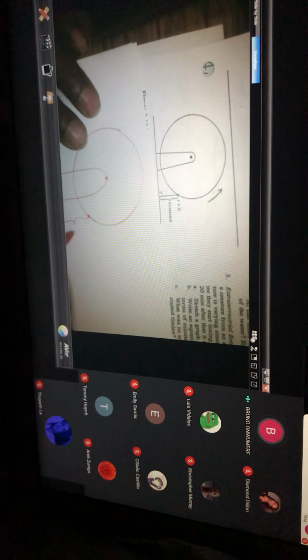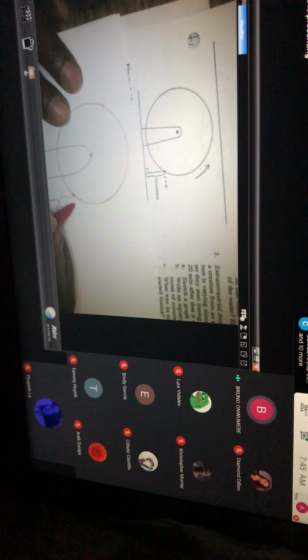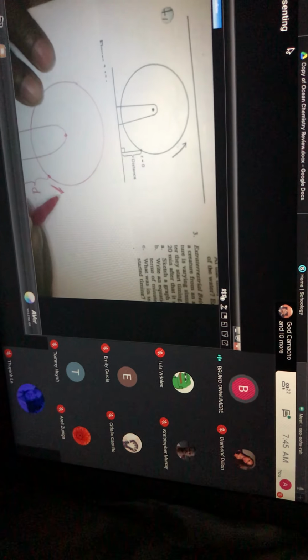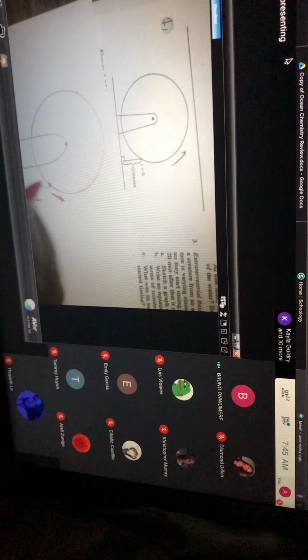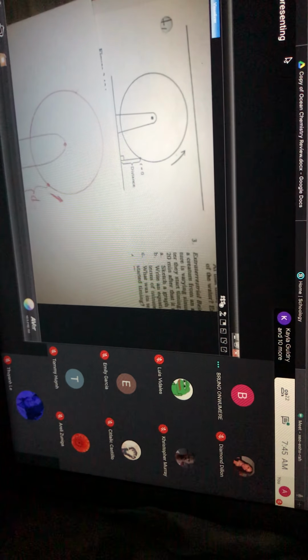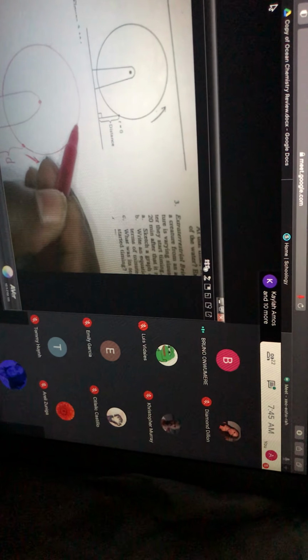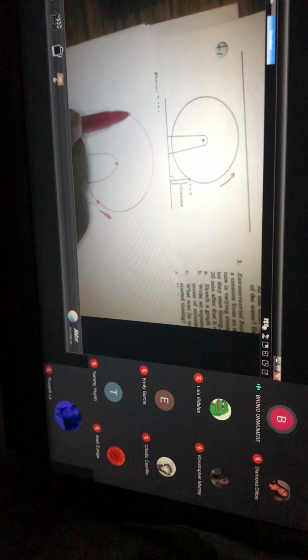You don't know, it's a distance. As this wheel turns this way, it goes that way. Your height will always change. Because when you are here, it's different. Your height is different from when you are over here. Your height is different when you're over here.